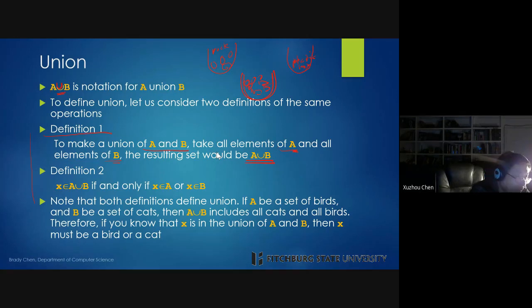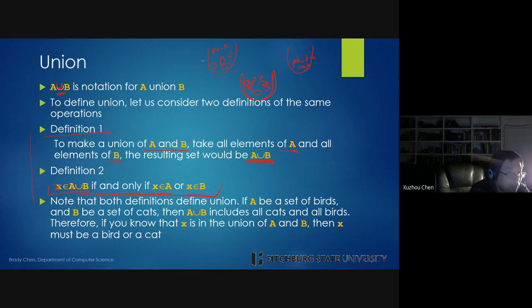Now, the other one is really like a formal math definition. When we define a union of A and B, X is an element of the union of A and B if and only if X is an element of A or X is an element of B, which is kind of true, right?